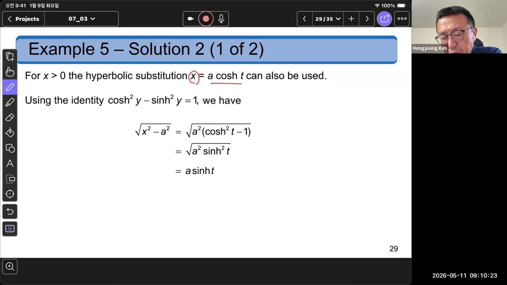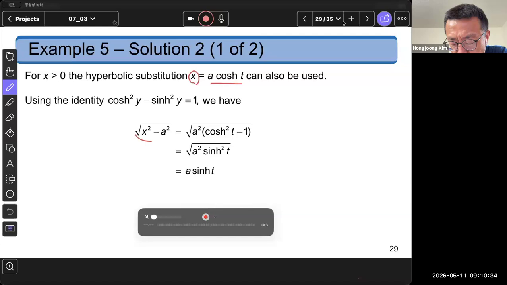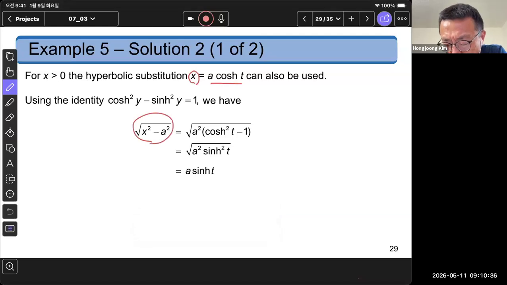So when x is replaced by a hyperbolic cosine of t, then the square root of x squared minus a squared will be square root of a hyperbolic cosine t total squared minus a squared. That will be a squared hyperbolic cosine t squared minus a squared.